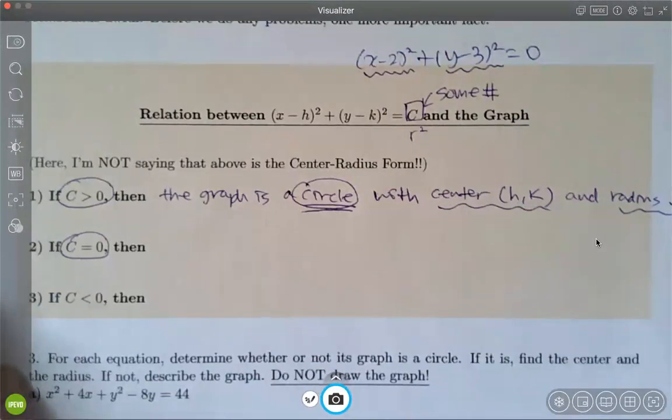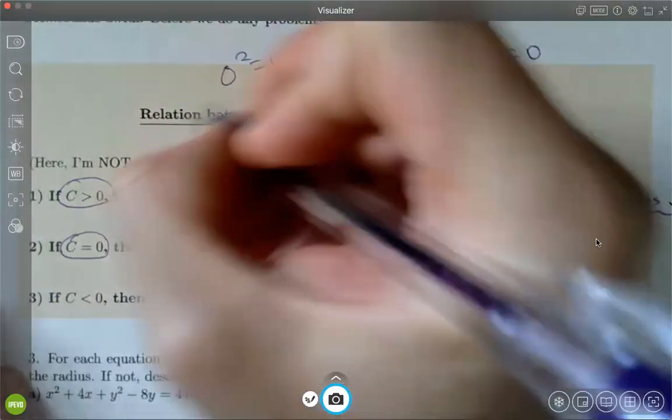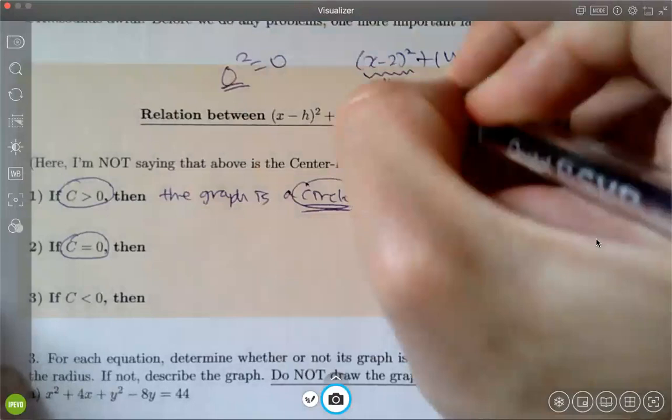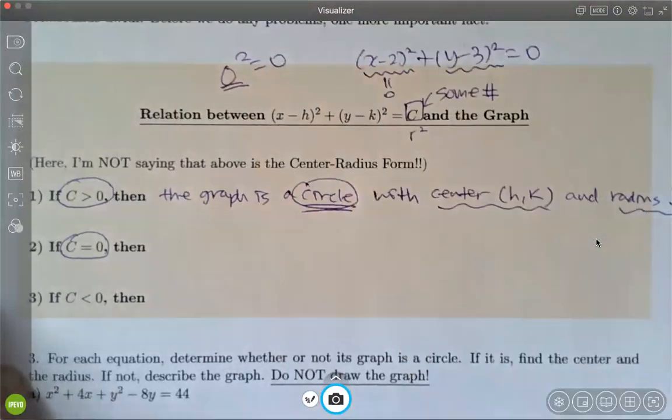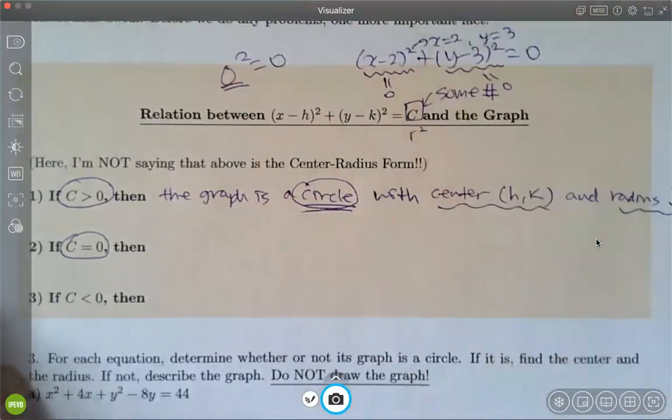But there's only one case where it becomes a 0. When you square a 0, you get a 0, but everything else becomes positive. So what does that mean? That guy has to be 0, and that guy has to be 0. So x is equal to 2 and y is equal to 3, right?